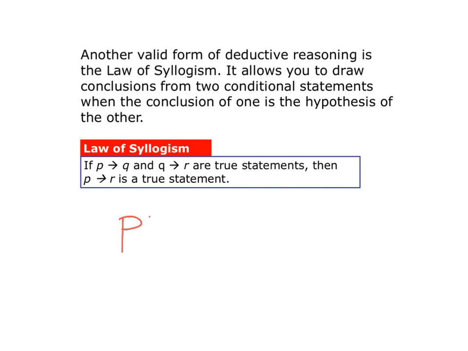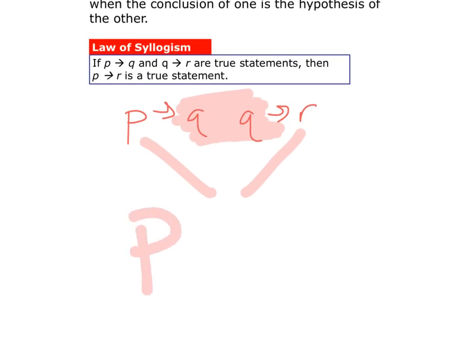So we have, if P then Q is true, and Q then R is true. So the conclusion of one and the hypothesis of the other are the same. Then we can conclude that P then R is also true.